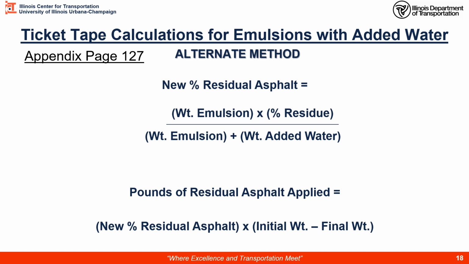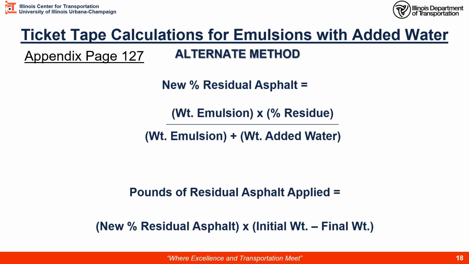So the first thing we want to do is get our information off of our bill of lading. So you're going to have the weight of emulsion that was supplied originally. And then the bill of lading is going to have a percent residue rate. Again, that should be around 60-40, being 60% roughly.